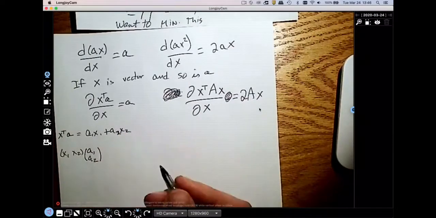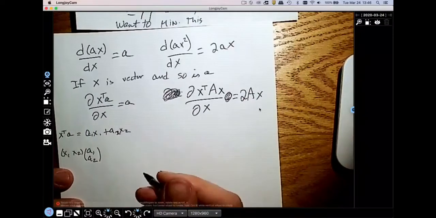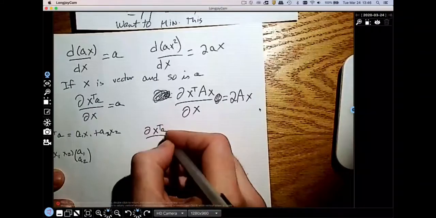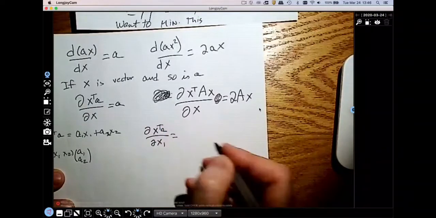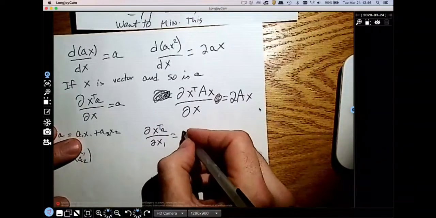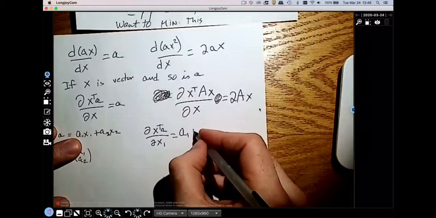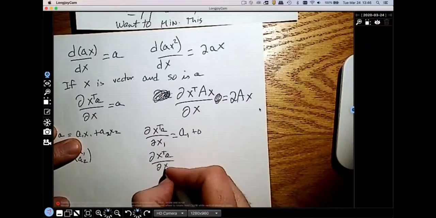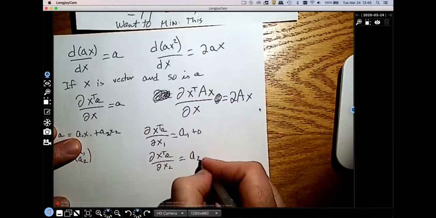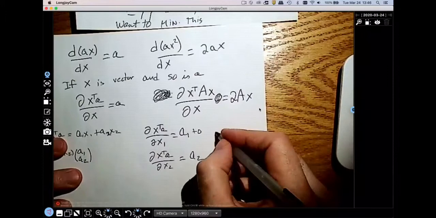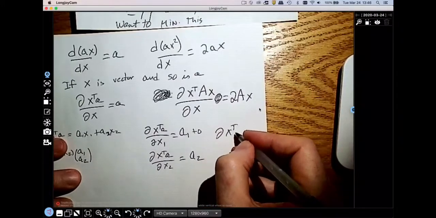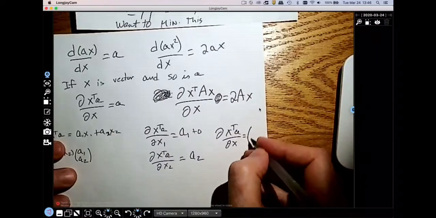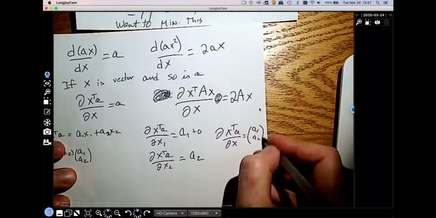So if I were to take the partial of x transpose a with respect to x1, what is that? Well, it's going to be a1 plus 0. Take the partial of that same thing with respect to x2, you end up with a2, and therefore the partial of x transpose times a with respect to x as a vector is just a1, a2.